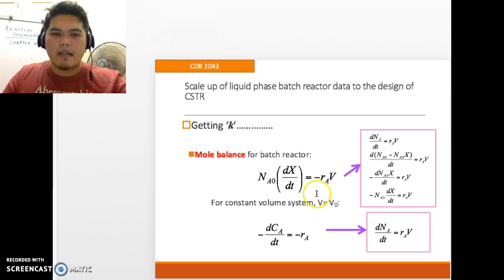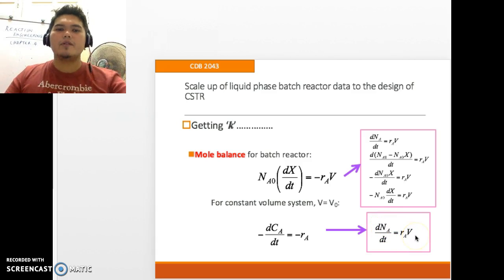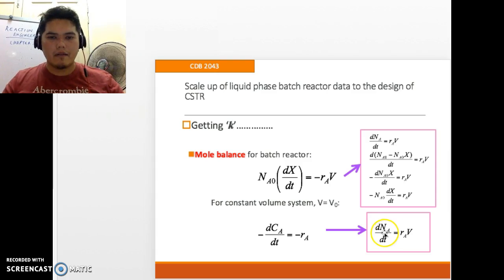This is only valid when there is a constant volume, V equals V naught. So basically, you are left with only dCA/dt equals negative RA. Why? Because NA over V equals CA. Okay.